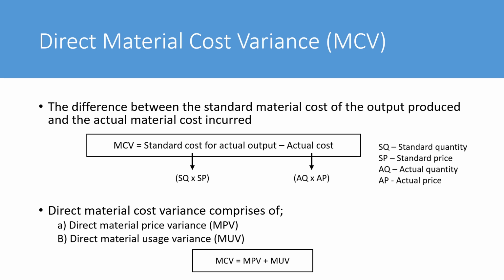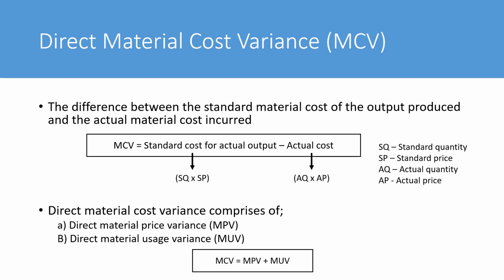The standard cost for actual output is standard quantity times standard price. To get the actual cost, you find the actual quantity times the actual price.